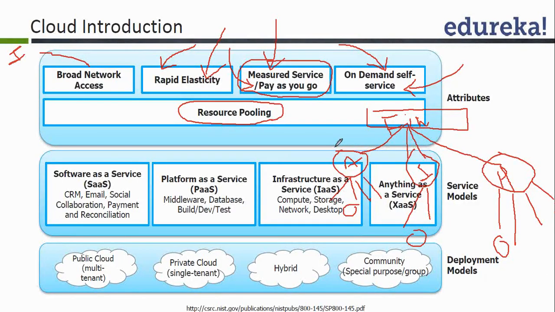The concept of resource pooling is that you optimize the usage of resources in such a way that they are optimally provided to each and every tenant. For example, you have a server with 100 GB RAM and around 1000 GB hard disk. If you have hosted just one web application, it's a killing.